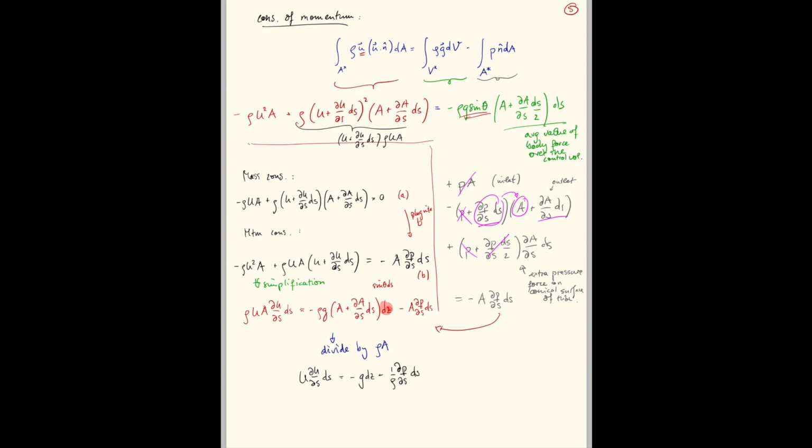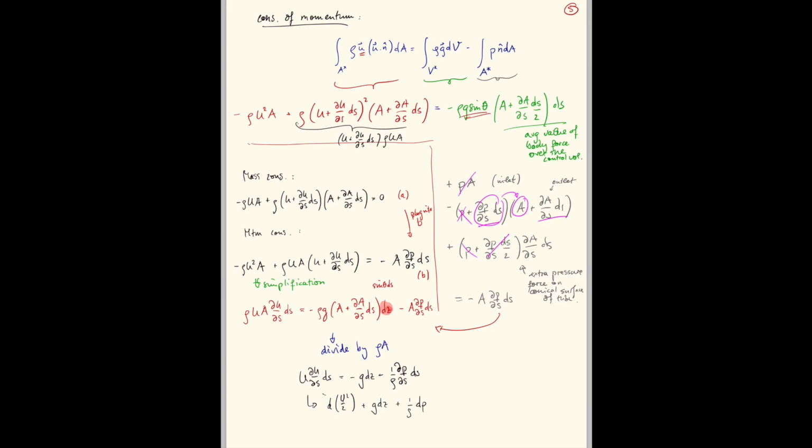And you can already see now it is starting to look like the Bernoulli equation, because along a streamline you can rewrite this essentially as the infinitesimal of a half u squared, plus g dz plus 1 over rho dp.